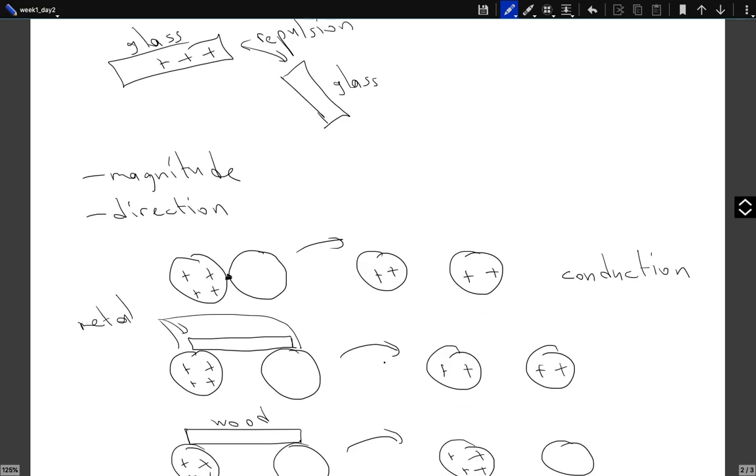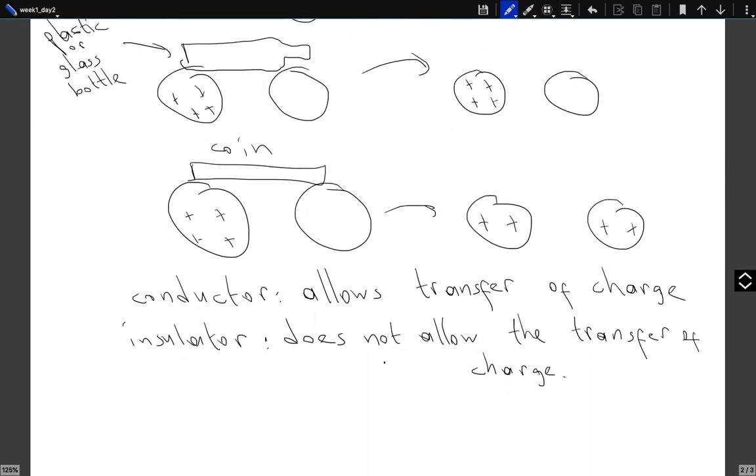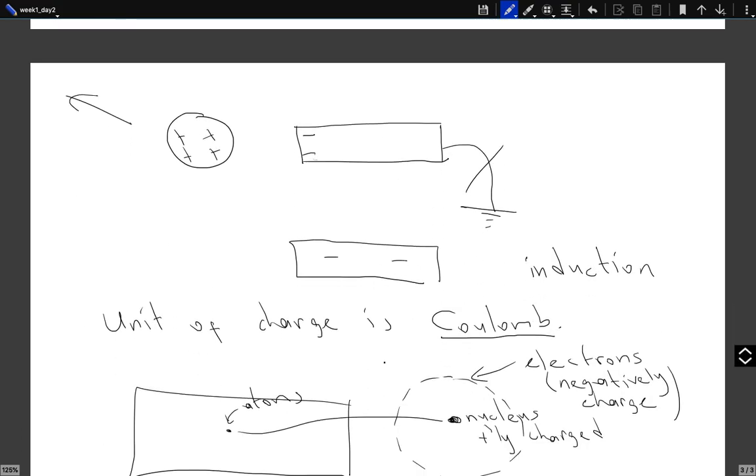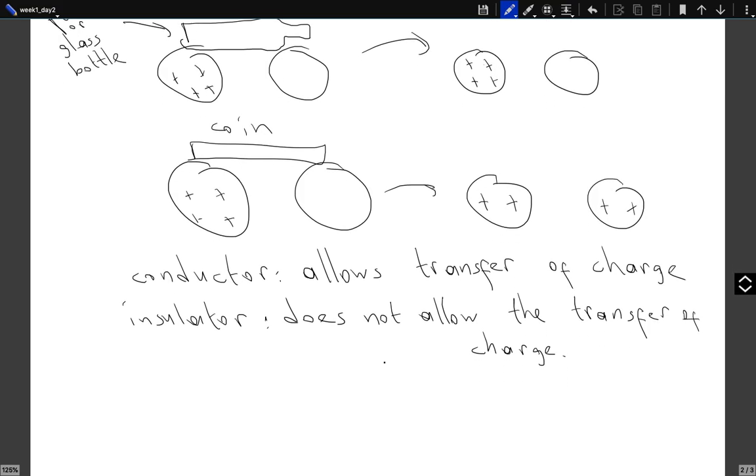Well, if you look at what is a conductor and an insulator, well, the main difference between the conductor and an insulator is that in an insulator, the charges are fixed where they are. If you pick up this book, this is made up of atoms. And the atoms have electrons, but electrons are very tightly bound to their nuclei. They cannot leave their atoms.